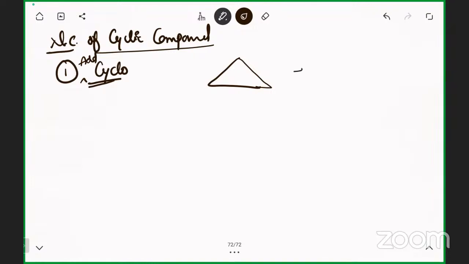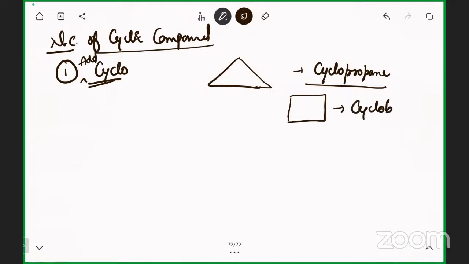So if 3 carbons are present, first you add cyclo. Then for 3 carbons we use propane: cyclopropane. That's it. Okay, tell me the name of this compound. Cyclobutane. Cyclobutane. Okay.